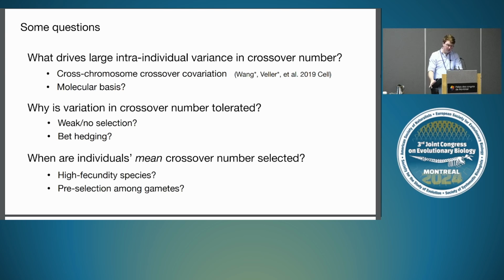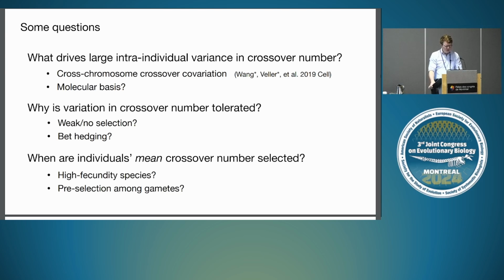That phenomenon of crossover covariation is in turn driven by an analogous per-nucleus covariation across chromosomes in how their chromatin is packaged at the relevant time step of meiotic prophase. And the factors that are governing that global regulation of chromatin packing are a very active area of study in the molecular biology of meiosis at the moment.